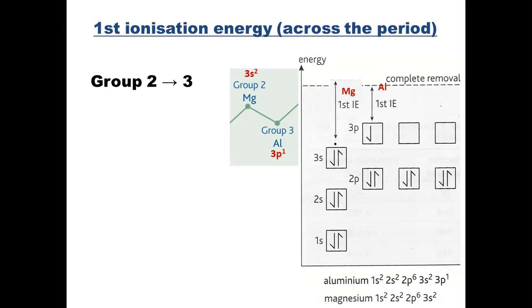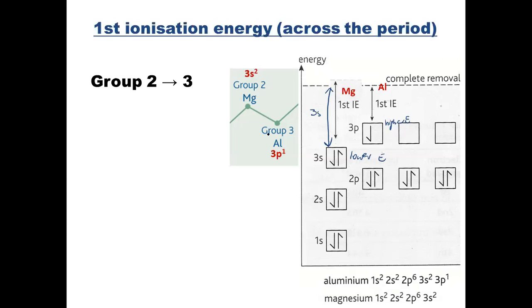For the magnesium, the amount of energy for the 3s would be this much, because 3s has got lower energy and 3p has already got higher energy. So 3p has higher energy, so needs a bit less to be removed. 3s is a bit lower energy, so needs a bit more to be removed.